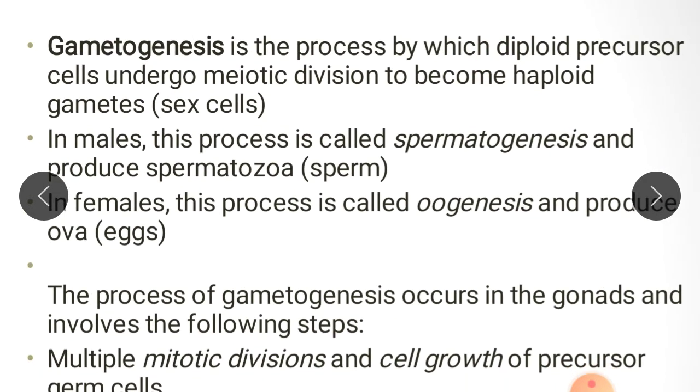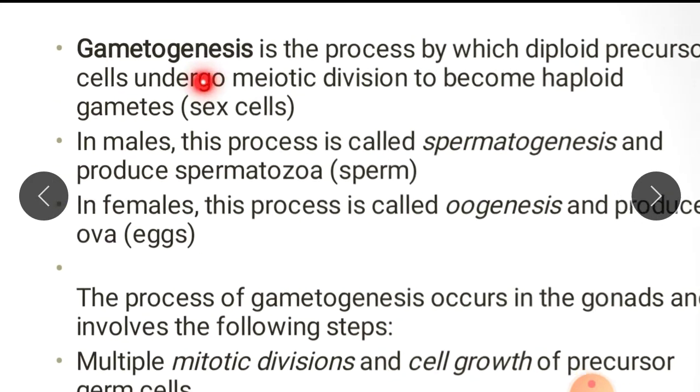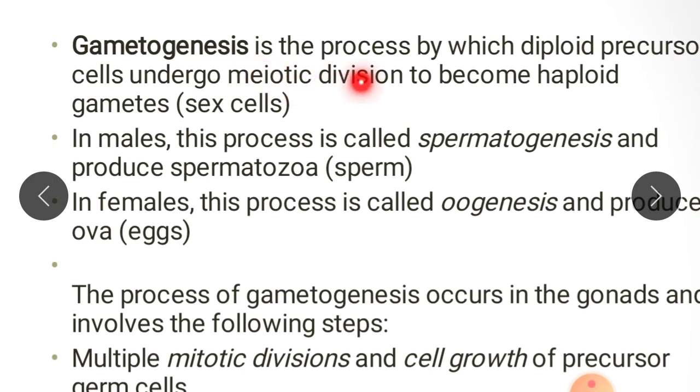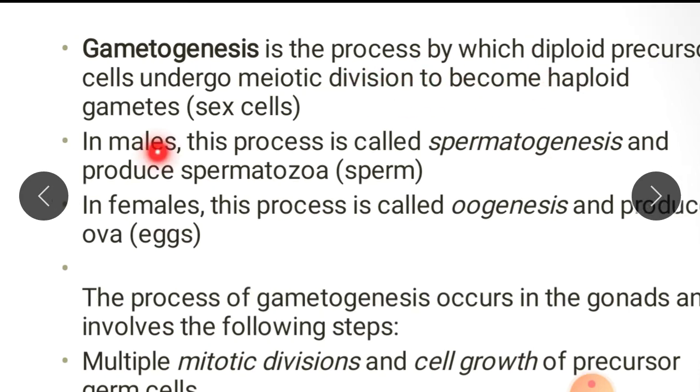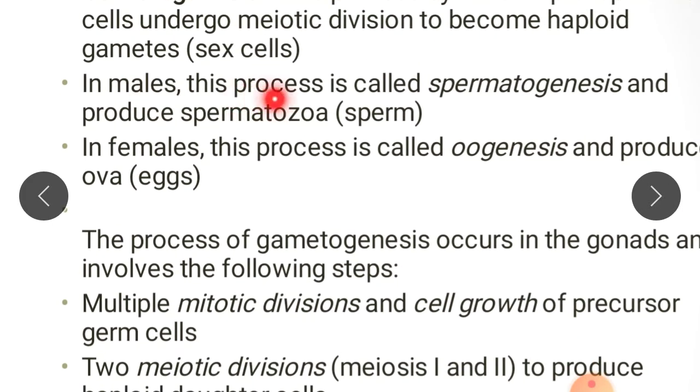For that, the diploid cells must undergo meiotic cell division. In males, the process is called spermatogenesis and produces spermatozoa, whereas in females, this process is called oogenesis and produces ova.